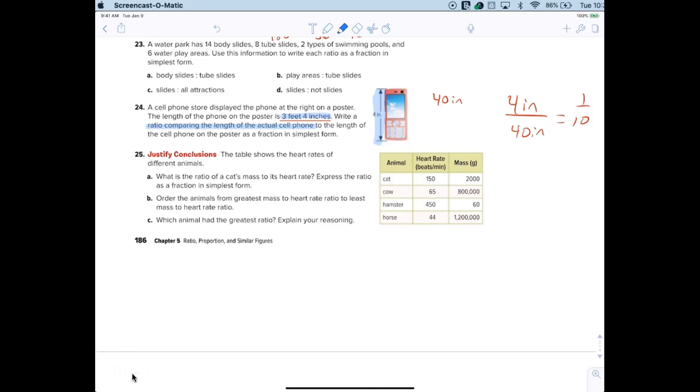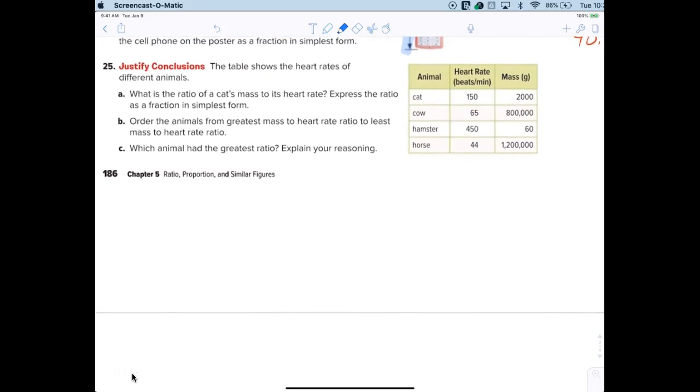All right, so everybody take a look at 25. You're allowed to use your calculator now, but I still want to show you the mental part of reducing the fractions. So here we go. Everybody needs to listen. I want 25A.